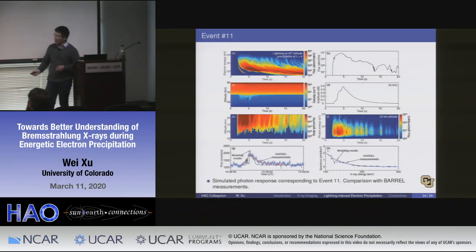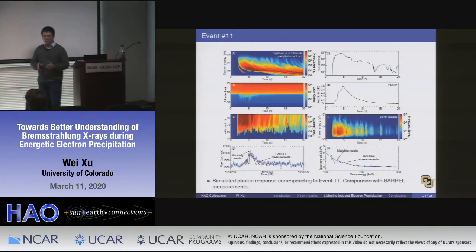The bottom right panel shows the comparison of the energy spectrum. It is pretty clear that the simulated X-ray pulse agrees well with BARREL measurements, especially the falling part of the pulse. And the energy spectrum is also highly consistent.